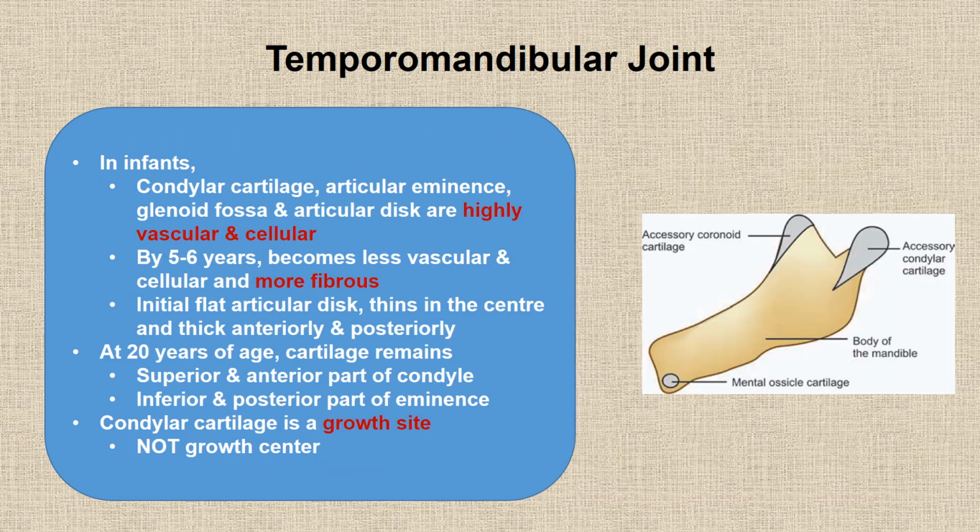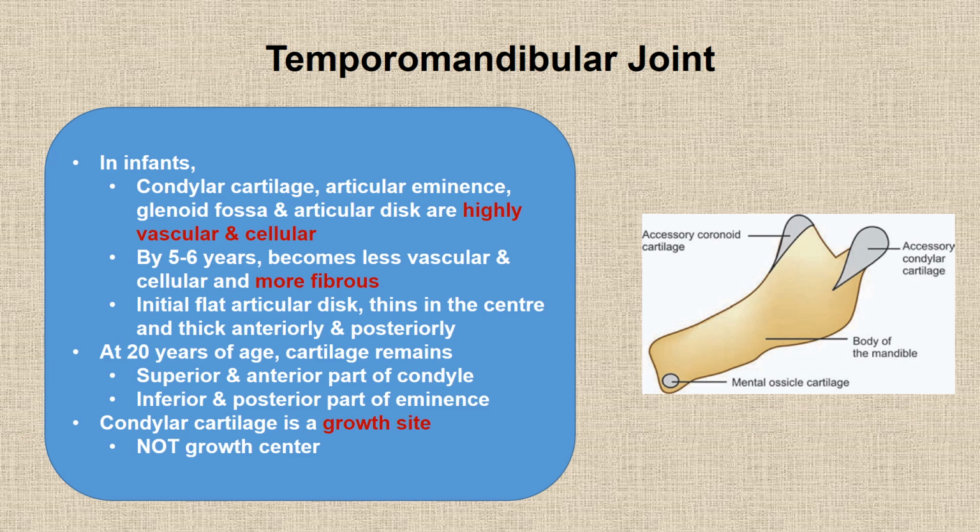In infants, the condylar cartilage, articular eminence, glenoid fossa, and articular disc or meniscus are highly vascular and cellular. By 5 to 6 years, this becomes less vascular and cellular and they become more fibrous. The articular disc or meniscus, which is initially flat, thins in the center with development and becomes thick anteriorly and posteriorly.